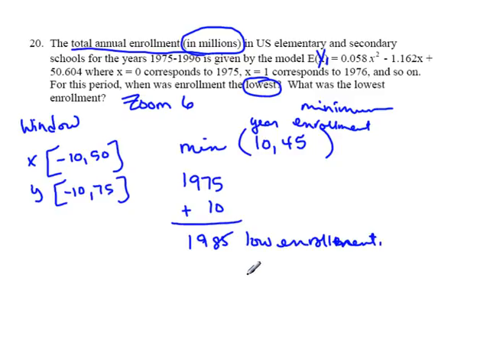All right, and now it says what was the lowest enrollment? Well, the y value tells you the lowest enrollment, and it was 45. But don't forget, it's in millions, so 45 million students. Okay, so you've answered both questions.